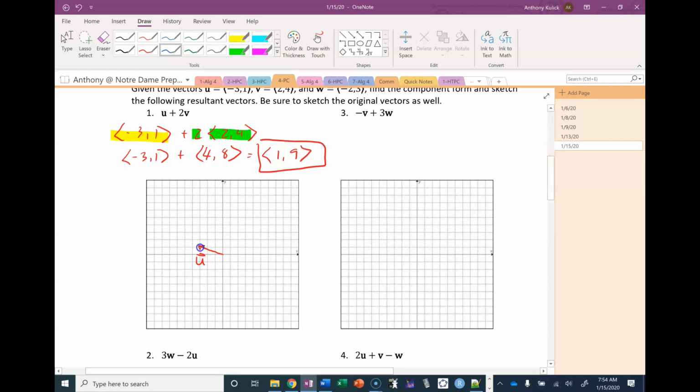So here I'm going to go 2 units to the right, and then 4 units up. And then I'm going to go 2 units to the right, and then 4 units up. And then my resultant vector is that one.